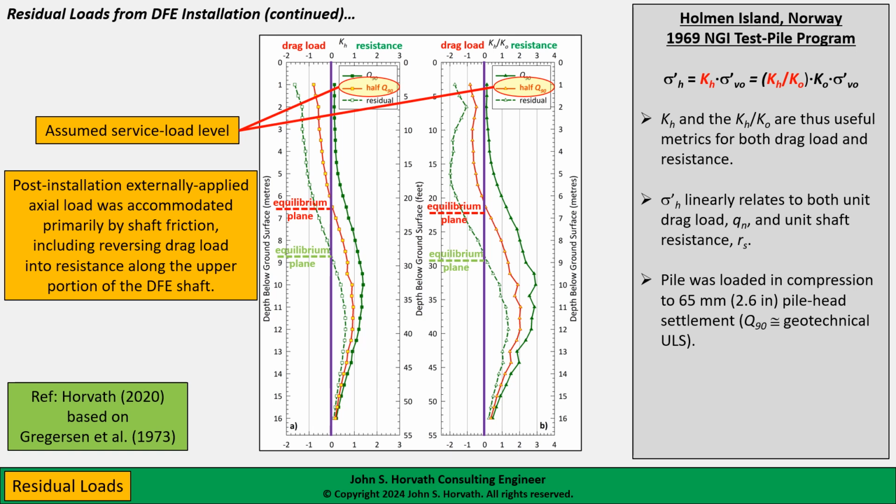So several things to note here. As I said earlier, the equilibrium plane in a given application is a dynamic feature. And in this case, it goes up under the application of external load.